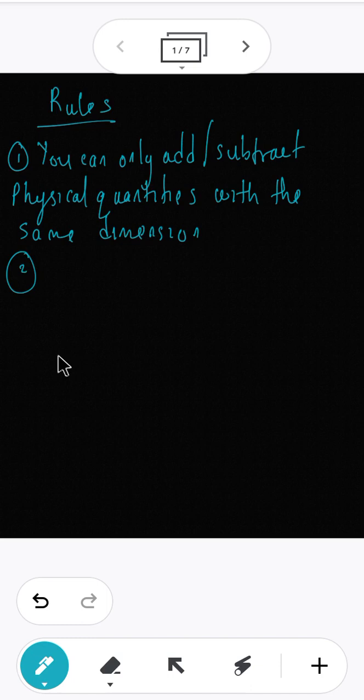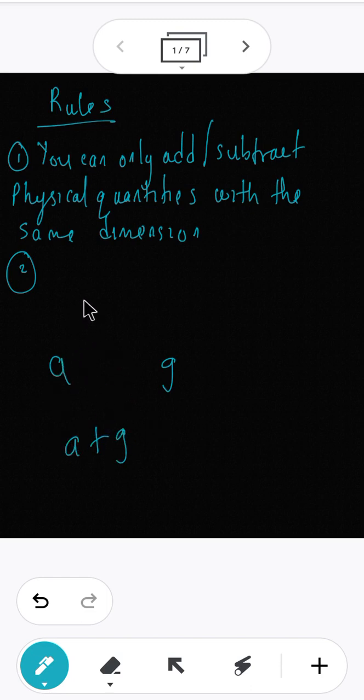For instance, let's take A. A can be acceleration, the normal acceleration of a body. You have G. G can be acceleration due to gravity. You can only add them because they have the same dimension. It might not be only single quantities.